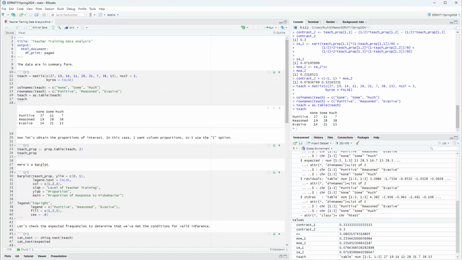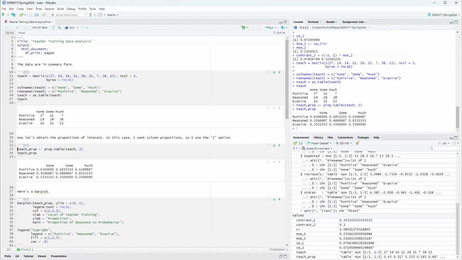So back in my R notebook, I'm actually using 2 because 1 is for rows, 2 is for columns, and that will give me the column conditioned proportions. Now, descriptively, as I look at this, I see that it looks like the omnibus null hypothesis is not true. At least from a descriptive standpoint, it looks like it's not true.